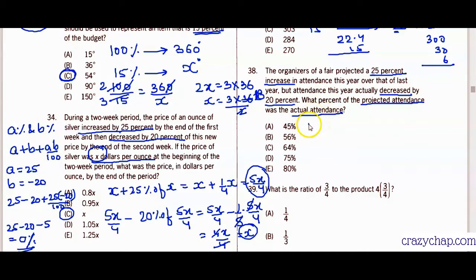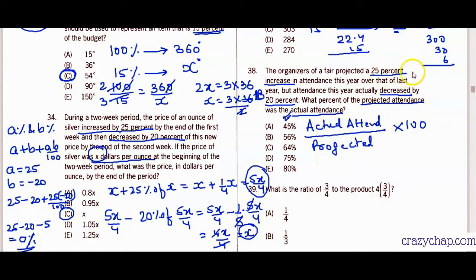So we have to find the percentage of actual attendance out of projected attendance. So actual attendance divided by projected attendance times 100, that is how we find the percentage, right? Because we have to find the percentage of actual attendance compared with projected attendance.